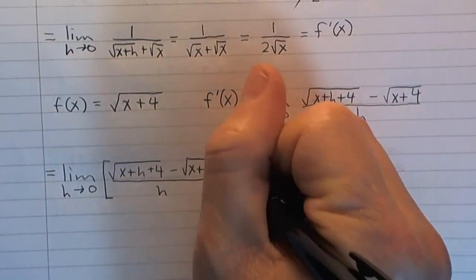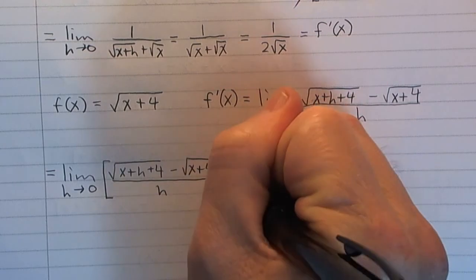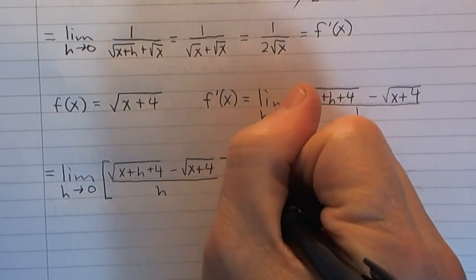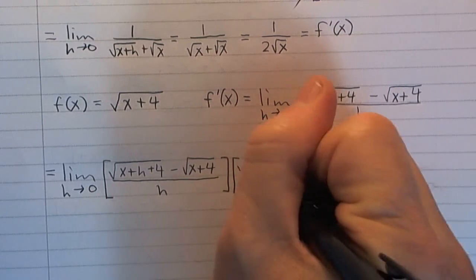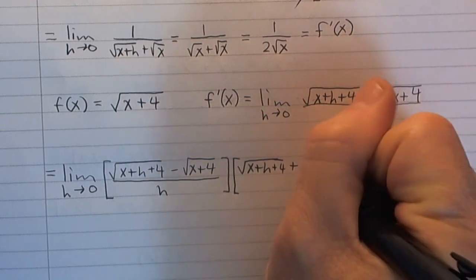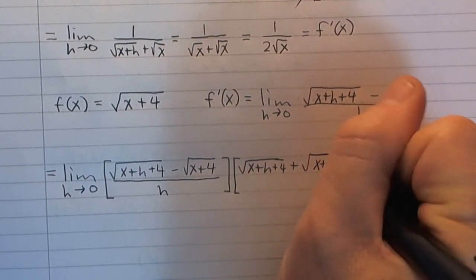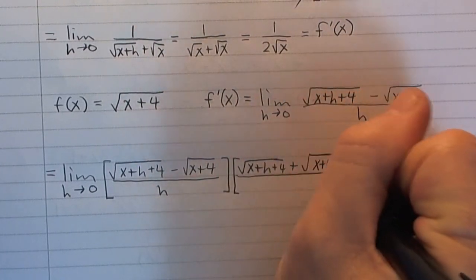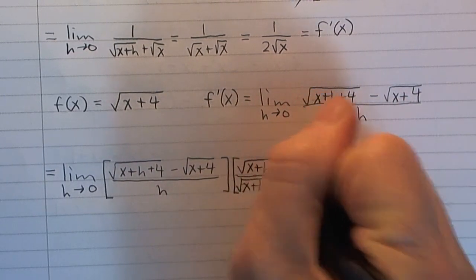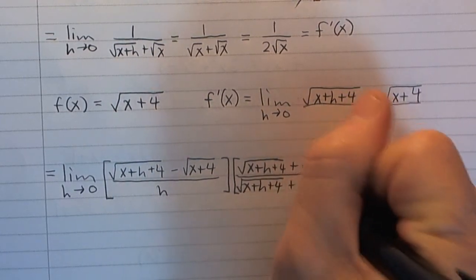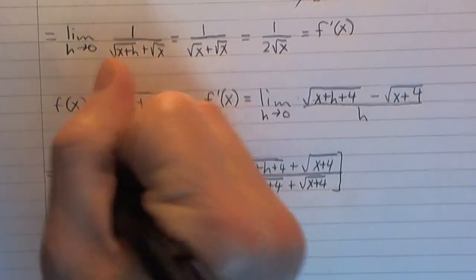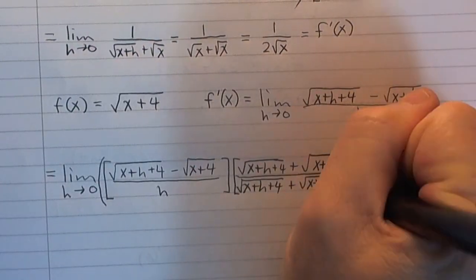And now we're remembering, we're multiplying this whole thing by the square root of x plus h plus 4 plus the square root of x plus 4. It's like we're multiplying by 1, right? And we're taking the limit of this whole thing right here, right?